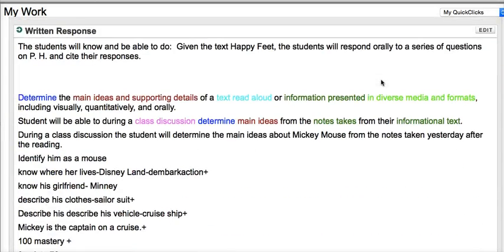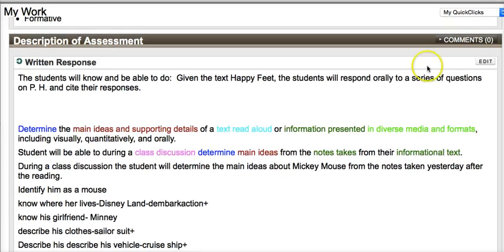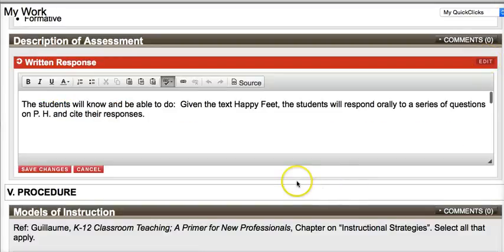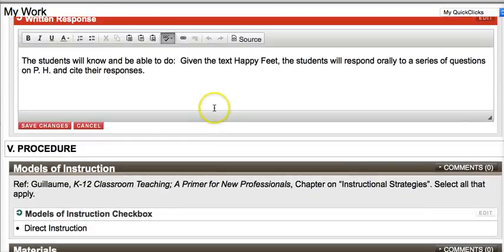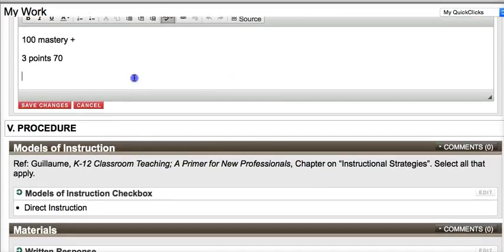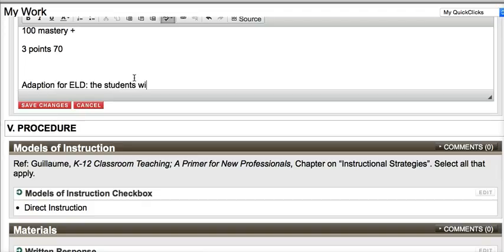So down here in the assessment, I have to come back one more time, and I'm going to open this back up again. For this assessment, my adaptation for ELD is the student will orally identify the supporting evidence and the main idea.